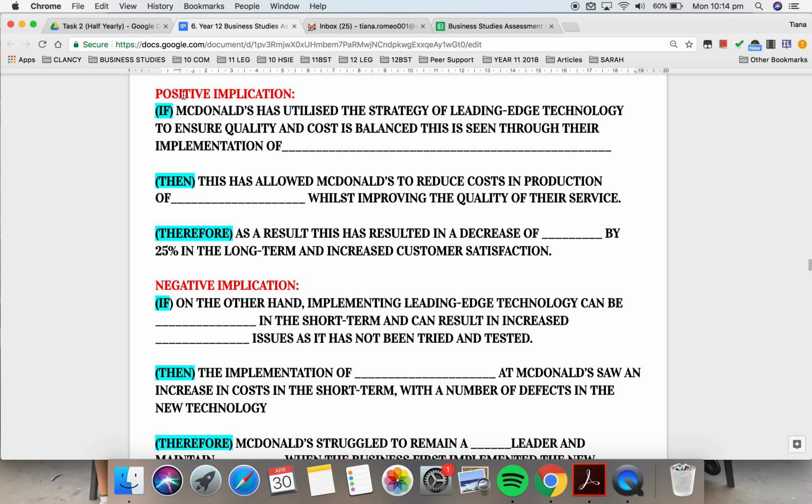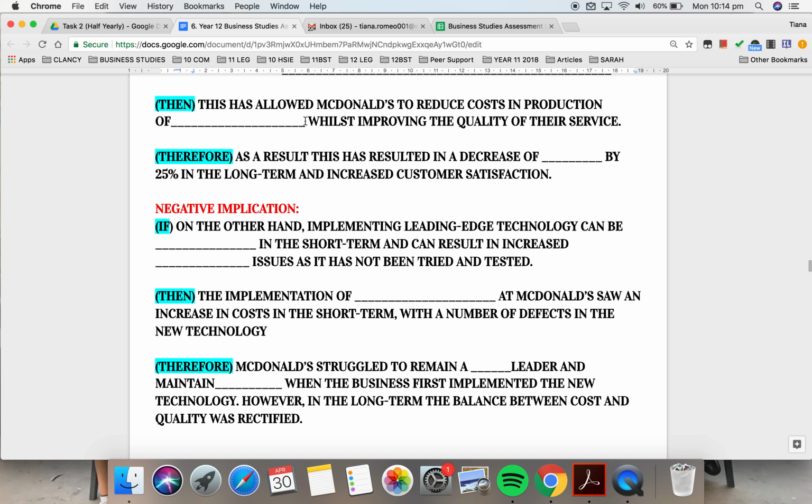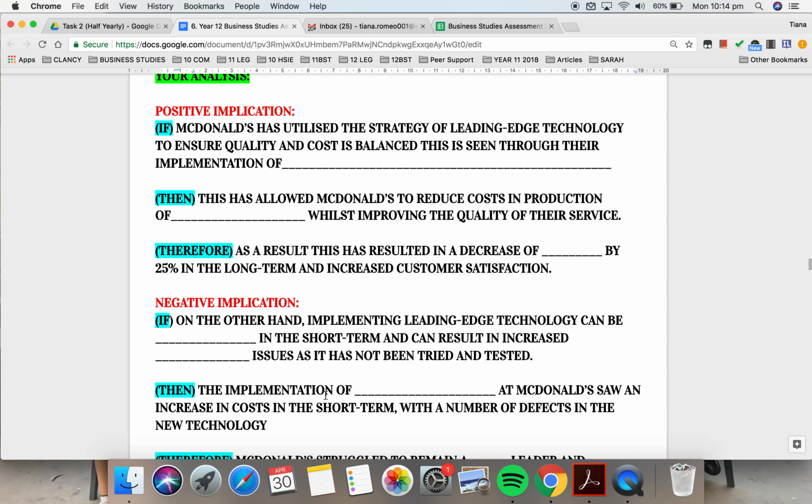So I'll just go through the positive implication first, okay, because all of this would be the 8 marker. McDonald's has utilized the strategy of leading edge technology to ensure quality and cost is balanced. This is seen through their implementation of, okay, what is their leading edge technology that they have used? The then part, this has allowed McDonald's to reduce costs in production of, okay, give me a product.